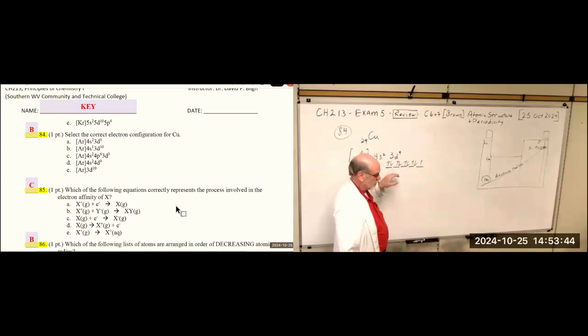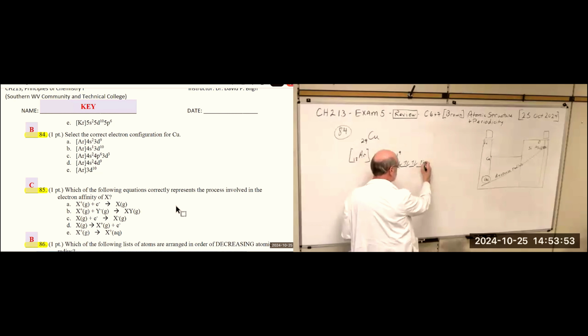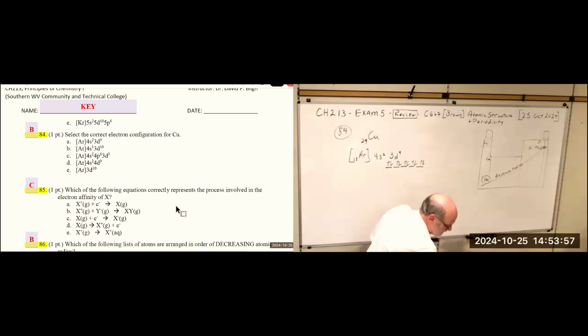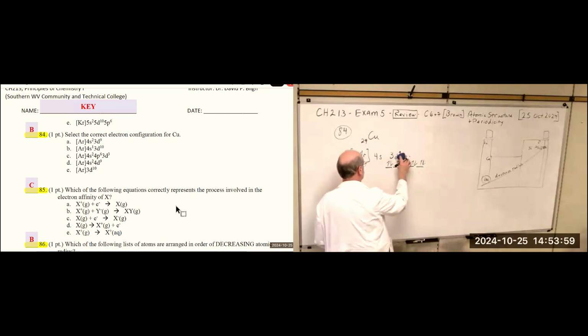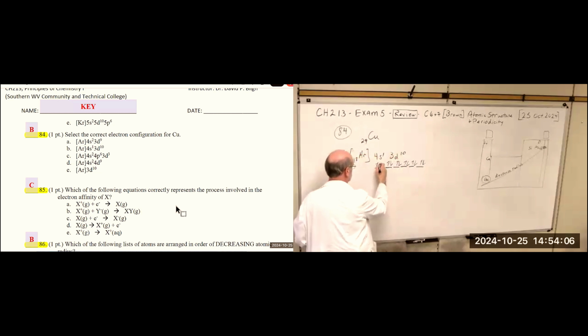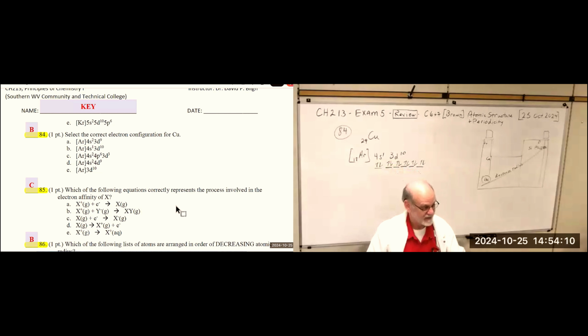It likes, if possible, to have complete orbitals or half complete. So since we don't have half complete, we need another electron here. And where do we get it? We steal it from the s orbital. Okay. Well, that's what it would look like. 4s1 3d10 is copper. So B is the answer.